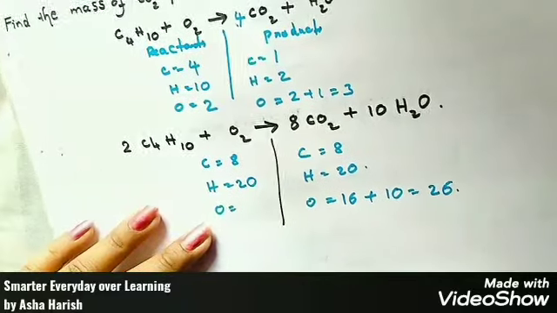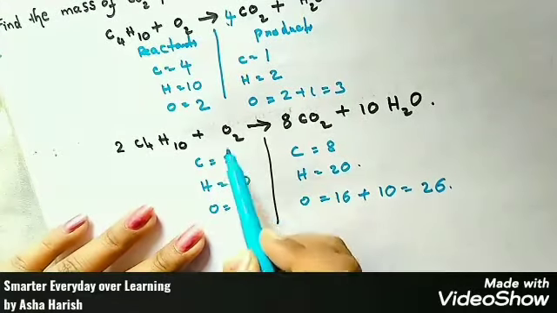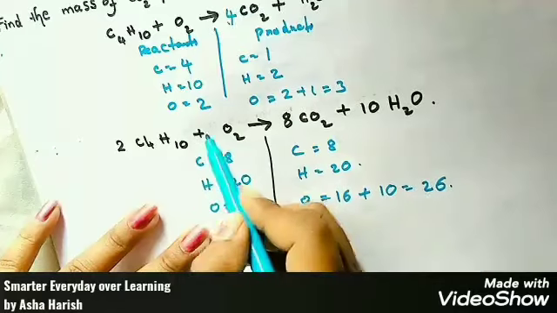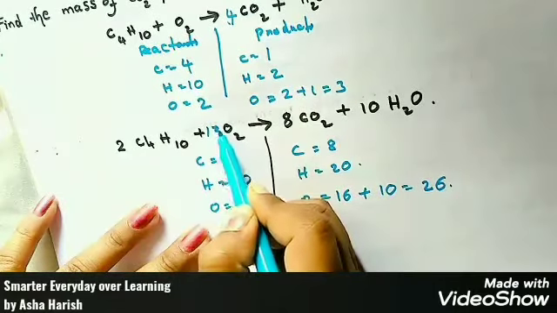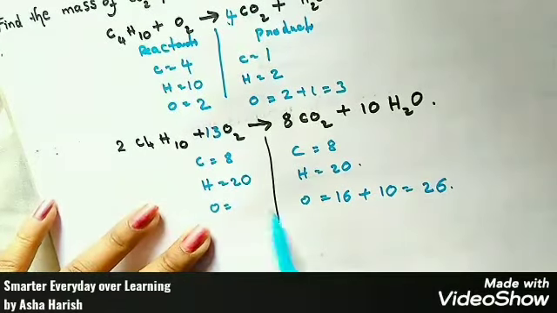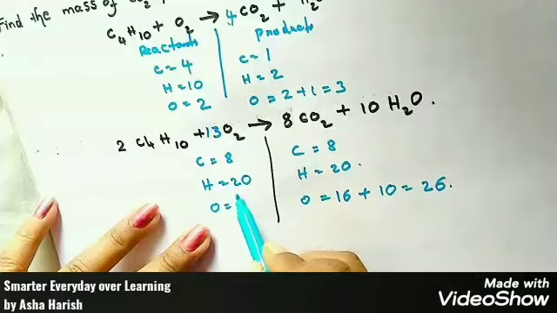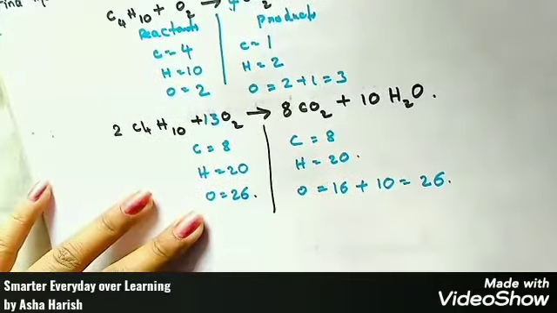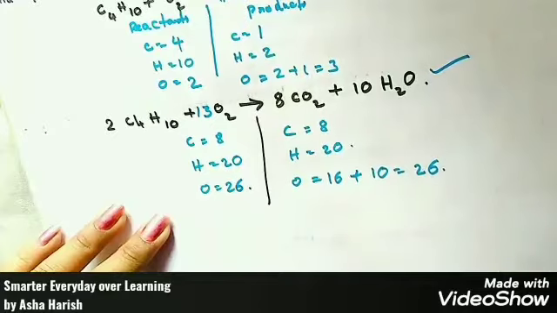So which number, if you place it as a coefficient before O2, gives 26? If I keep 13 here, 13 O2 means 13 times 2, 26. So this is the balanced chemical equation.